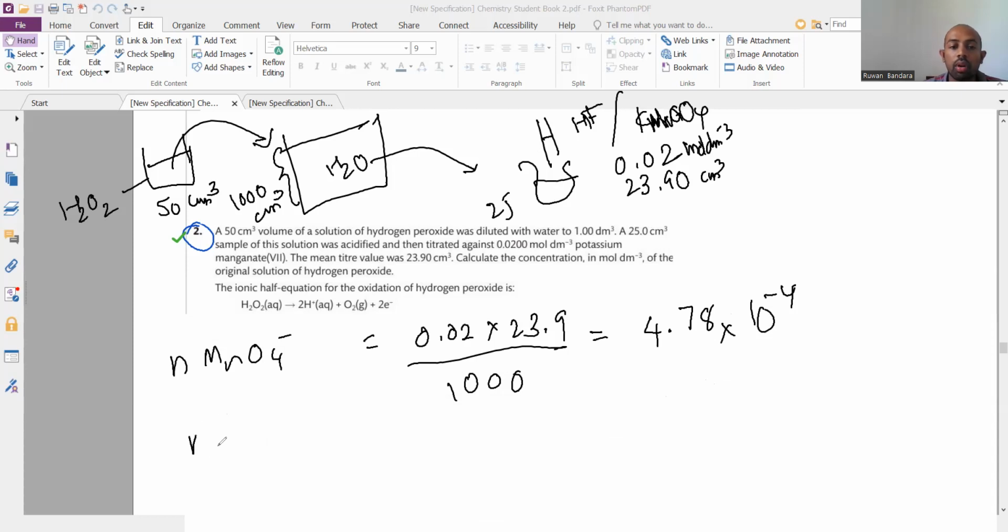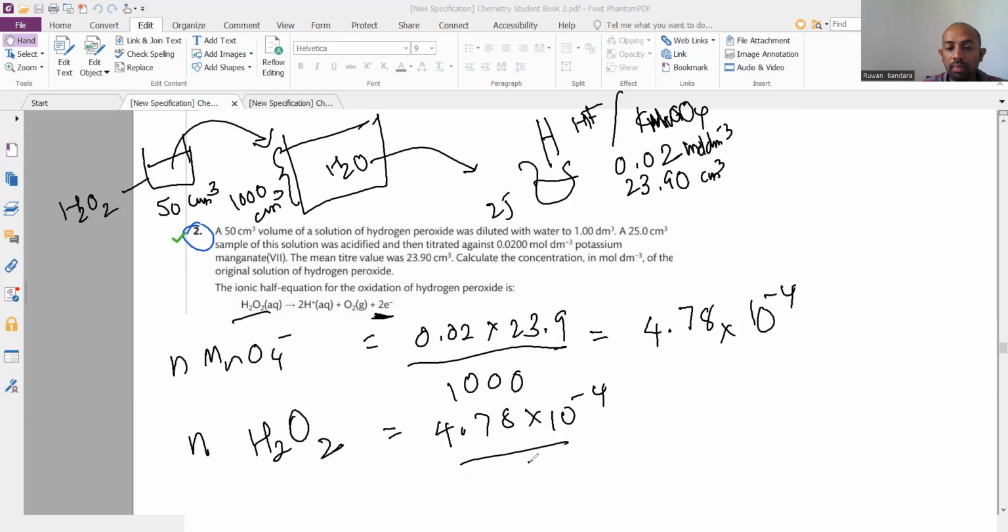Then the next step, moles of H2O2. How to get the moles of H2O2? Here also 2 electrons are there, similar to the C2O4. Then the ratio will be 2 to 5. Therefore, 4.78 into 10 to the power of minus 4 divided by 2 and into 5.